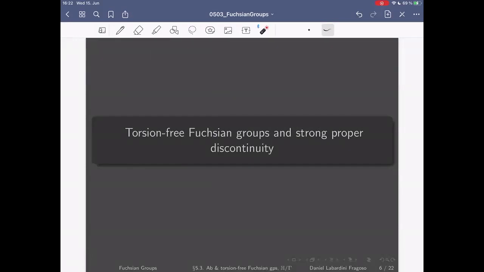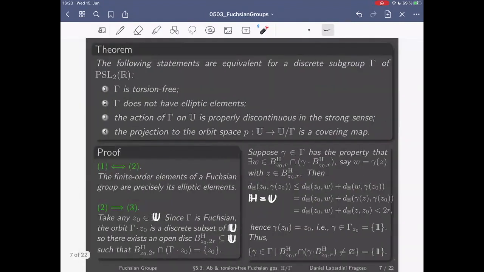So now we want to look at torsion-free Fuchsian groups and this notion of strong proper discontinuity. Torsion-free just means no element has finite order.